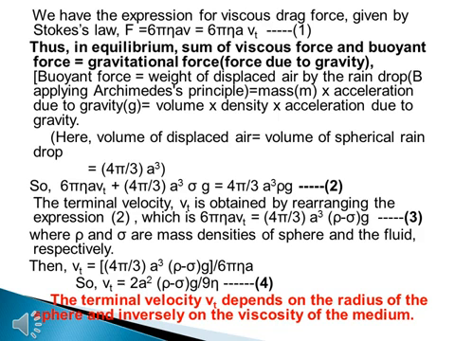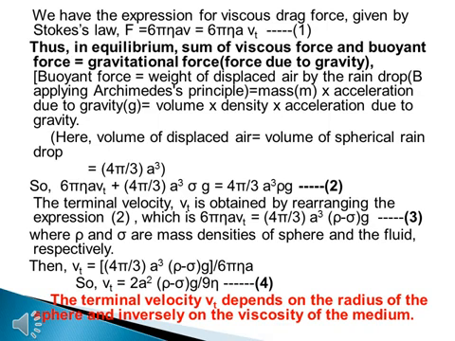Then Vt is equal to 4 by 3 pi a cube into (rho minus sigma) into g whole divided by 6 pi eta a. So Vt is equal to 2 a square (rho minus sigma) g whole divided by 9 eta, which is expression 4, where eta is the viscosity of the medium air.